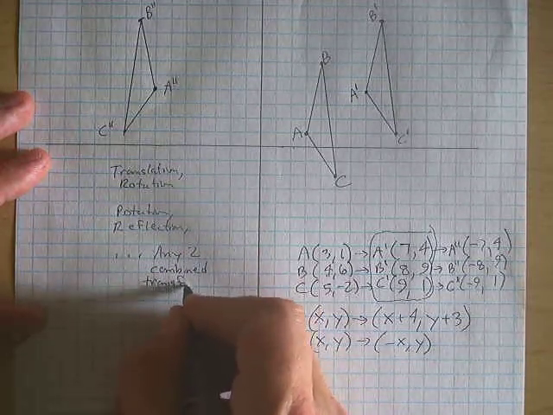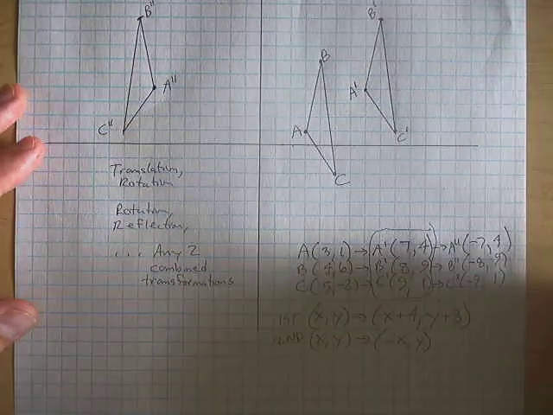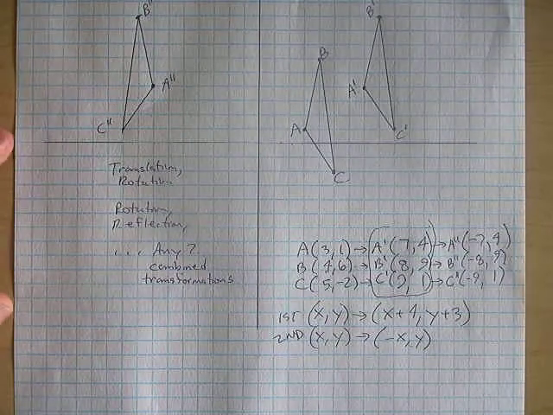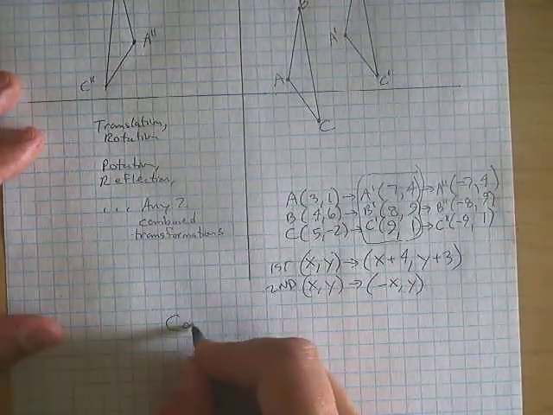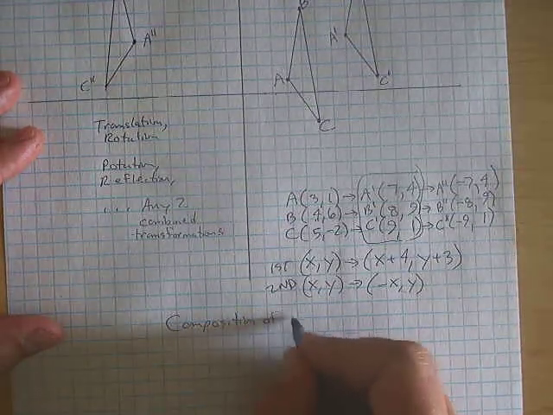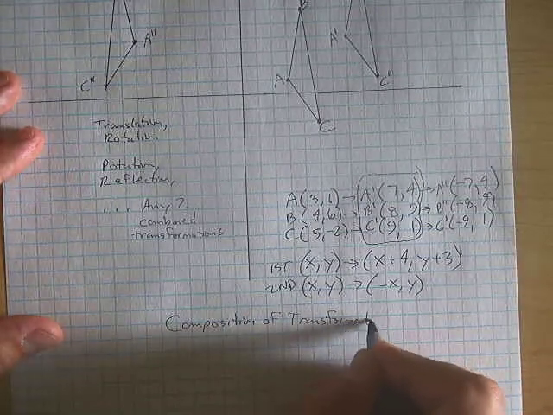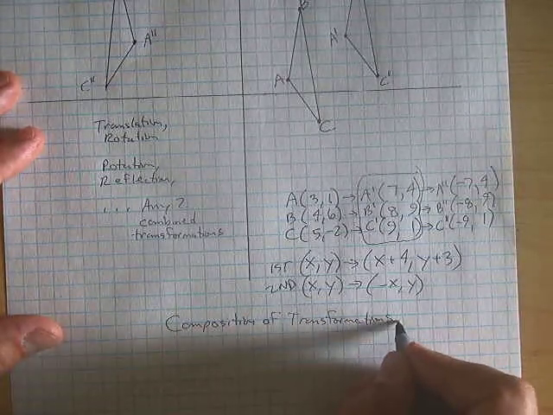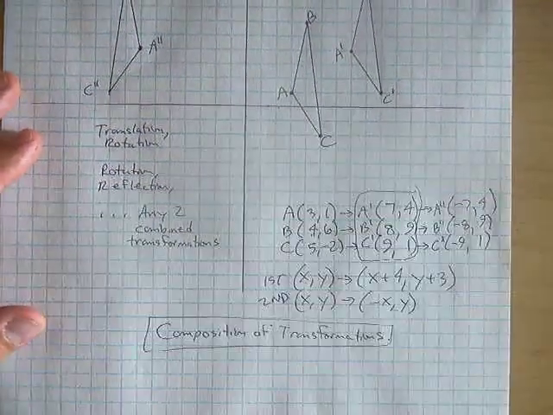So you could do any two combined transformations. Okay? So that's how you do a composition of transformations.